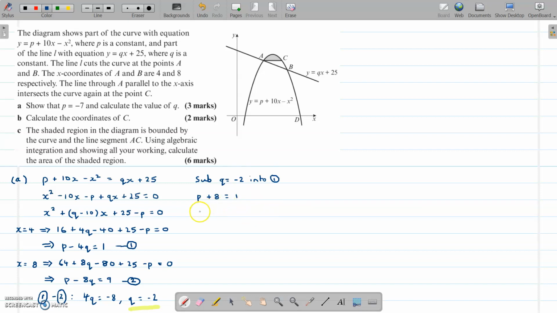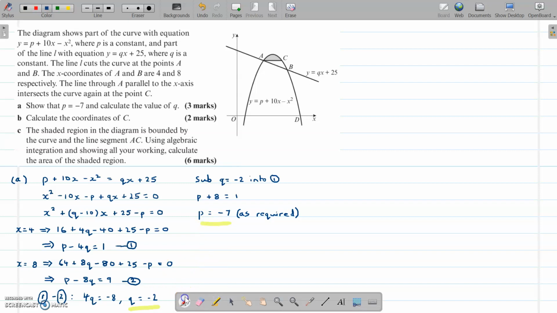Therefore p must equal -7 as required, because we had to show that p was -7 in the question. That confirms then that q is right as well. So let's just highlight that, and that's the answer to part A.